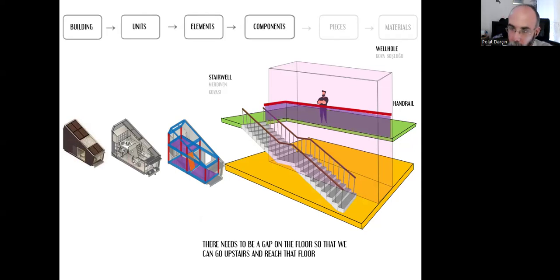Same principles are applied. We don't want our user to fall from the side of the stairs, so we design handrails and guardrails to protect them. The same principles can be applied here. We don't want our user to fall down from the first floor, so we can design the handrail and guardrail as well.